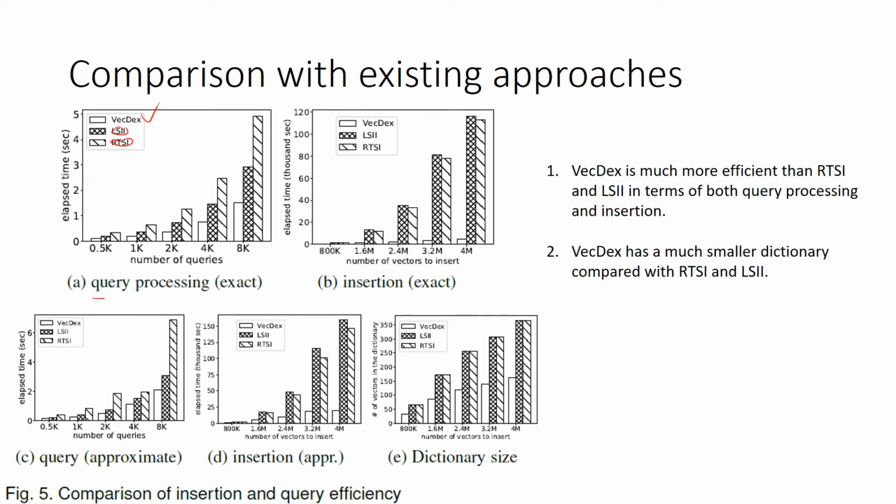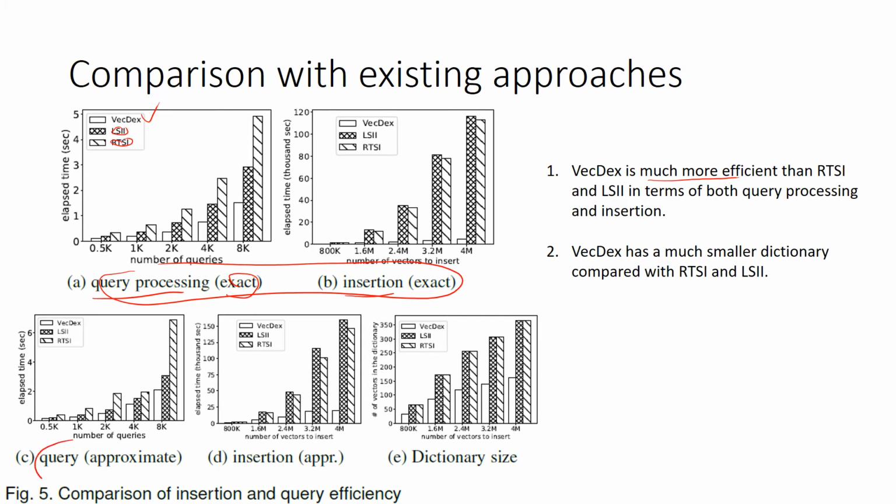We compare the query processing time on exact matching and also insertion efficiency on the precise inverted index. As we can see, Vecdex is much more efficient than RTSI and LSII in terms of both query processing and insertion in this exact or precise inverted list scenario.